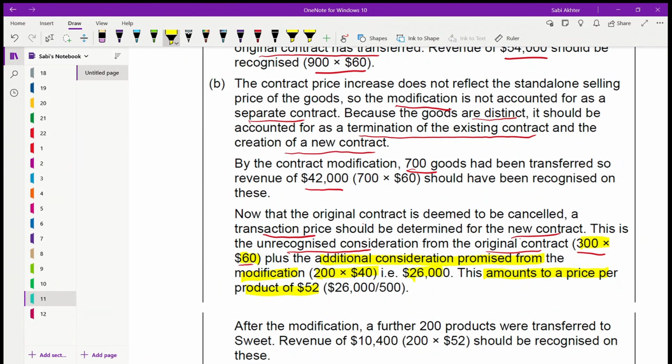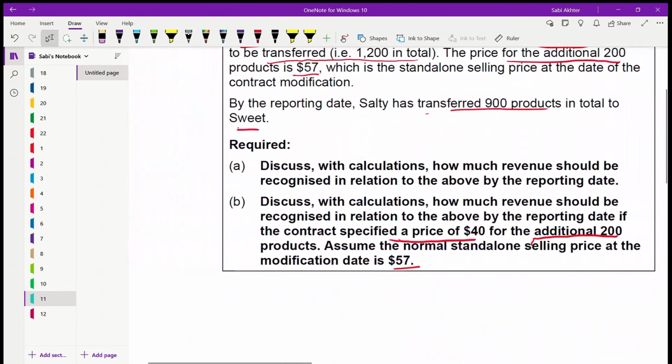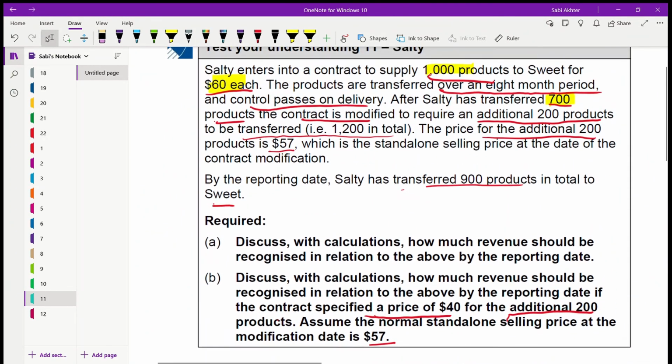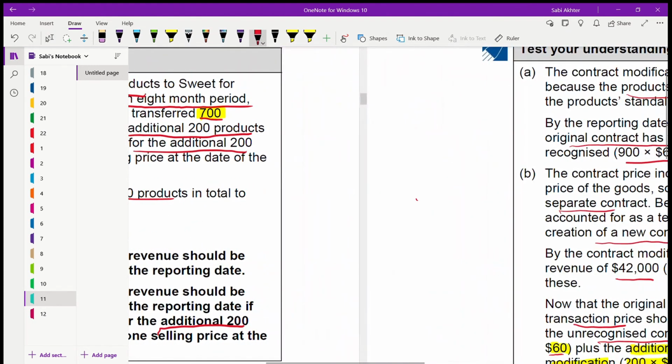How do we get this 26,000 divided by 500? Why 500? If you want to find the price per product. Remember, from 1000, 700 is sold.